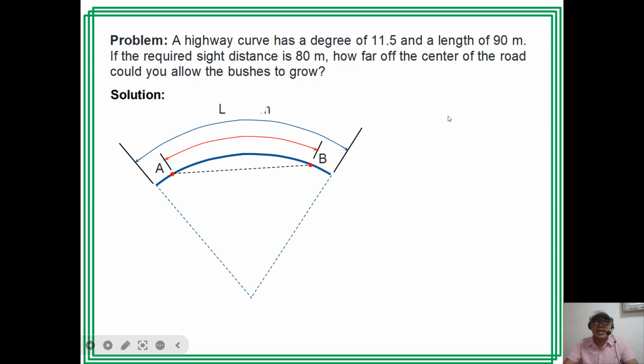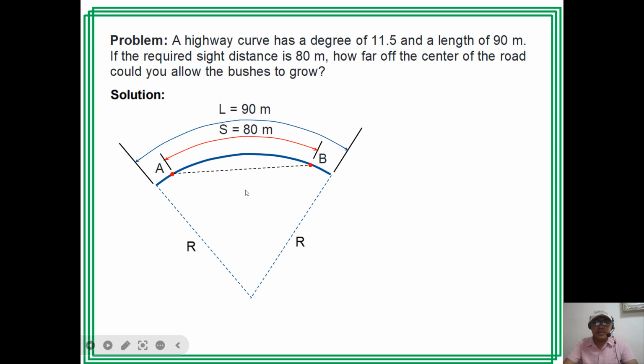So we have here a highway curve. The length here is 90 meters, and the required sight distance is 80 meters. How far off from the center of the road could you allow the bushes to grow?